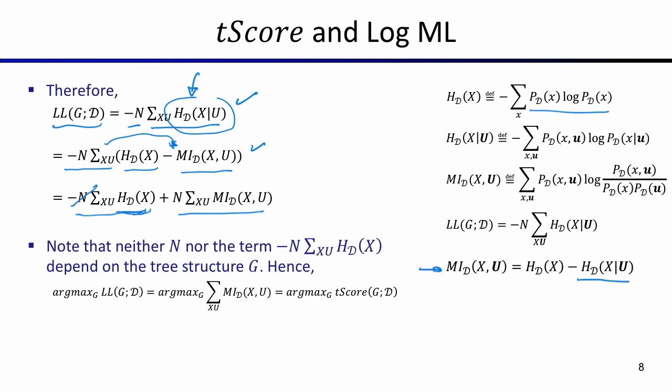So it's not the conditional entropy, it's just an entropy for a single variable, it does not depend on the parent, it just depends on the probability of the variable that we have. So it will not depend on the tree structure. This n term here will also not depend on the tree structure, it just depends on the size of the training set. So at the end we have this here. So when we maximize this, we are also maximizing this. And we are saying that the log likelihood can be maximized by maximizing the multiple information between pairs of variables, the variables and its parent in the tree structure.